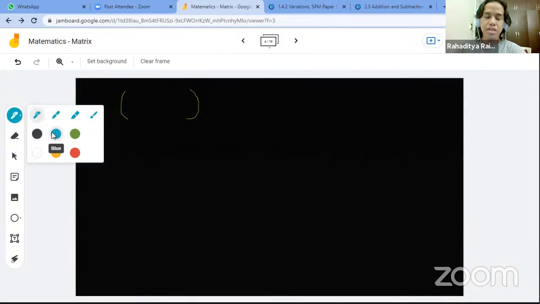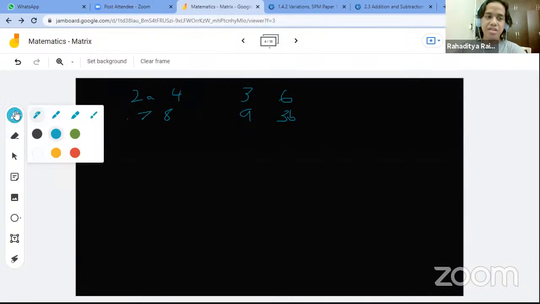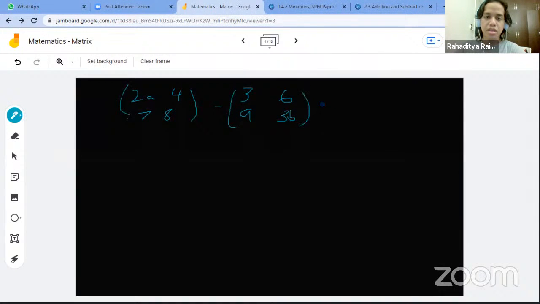We have, let's see, 2a, and we have 3, and we have 4, 7, 8, and we also have, let's say, 3, 3b. Honestly, I'm just making up these numbers on the spot. Okay, so let's see. Minus equals.